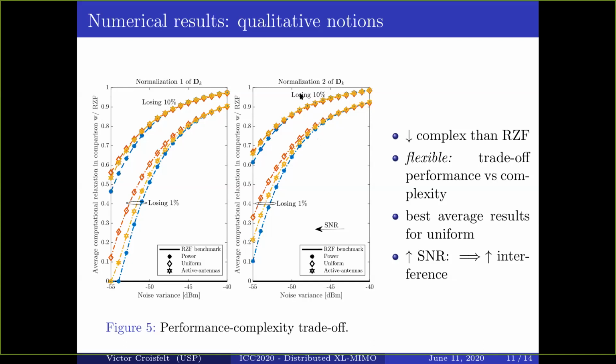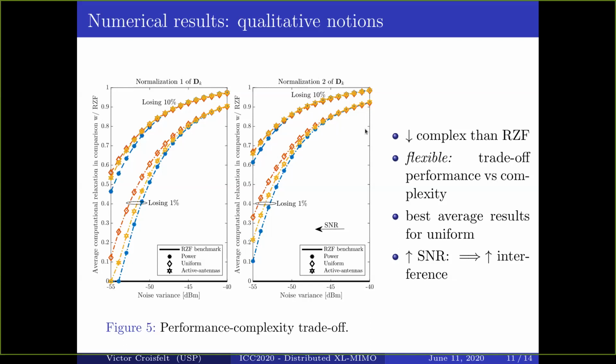As we can see here, these top curves consider a loss of 10% of the RZF SINR, and those further down consider a loss of only 1%. So note this gap here and how the relaxation degree decreases as we increase the performance of the algorithm.